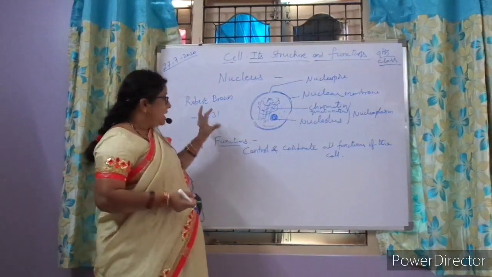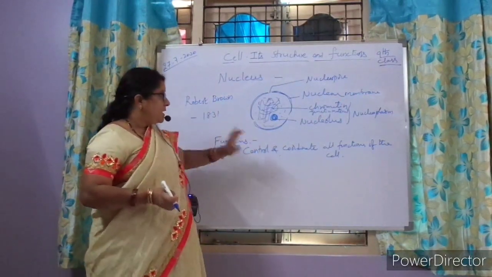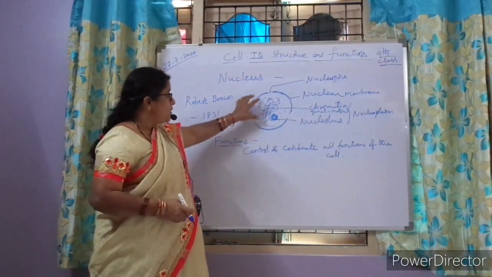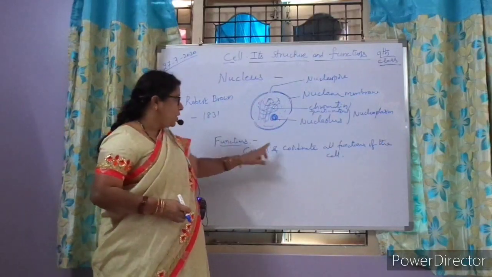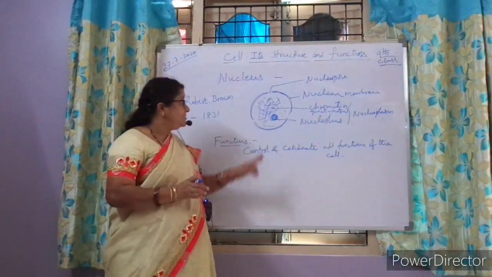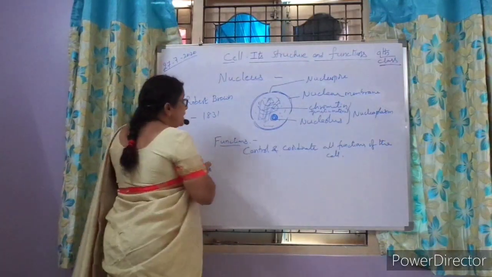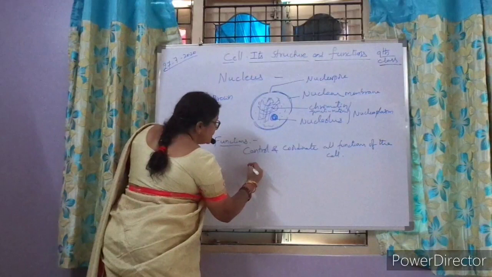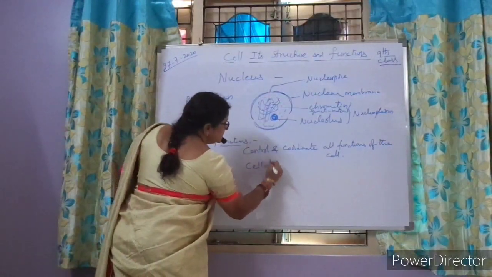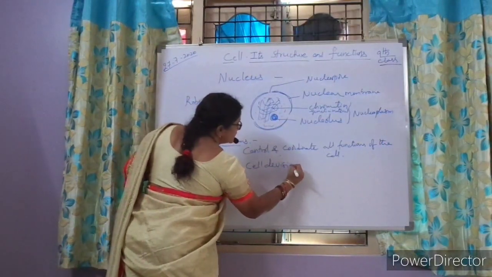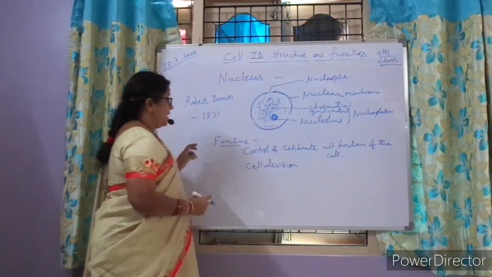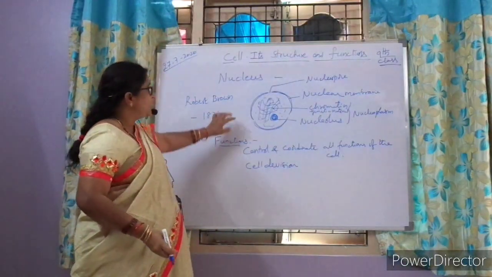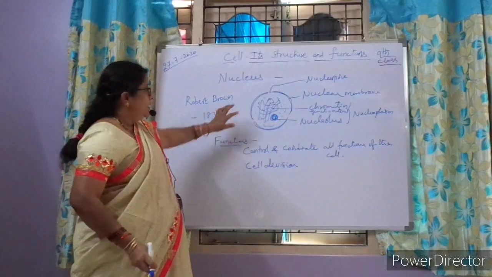That means all the cell organelles present inside the cell are controlled by the nucleus. It controls and coordinates the cellular activities of the cell, and as it contains the genetic material, it helps in cell division. So these are the functions of the nucleus.